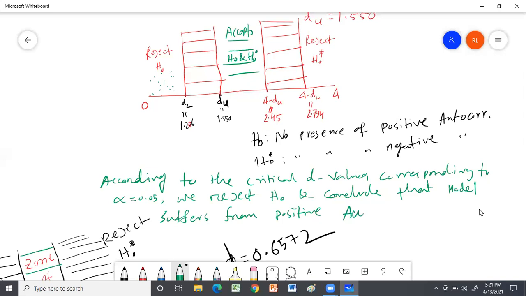Model suffers from positive autocorrelation. Okay. Is that clear to everyone? Yes, sir.